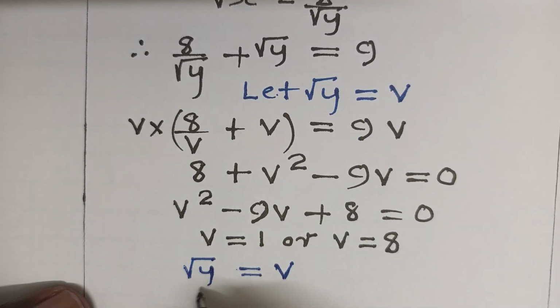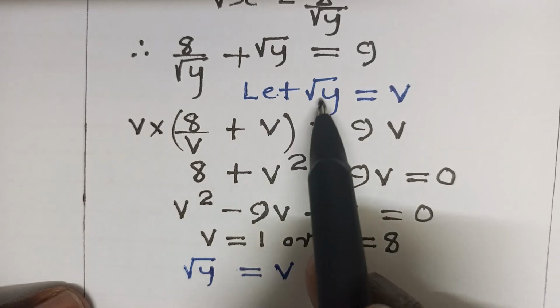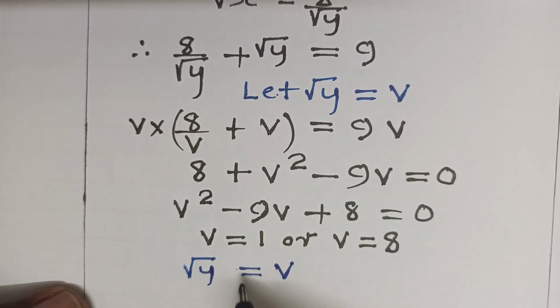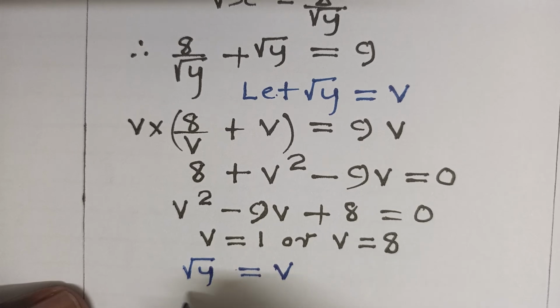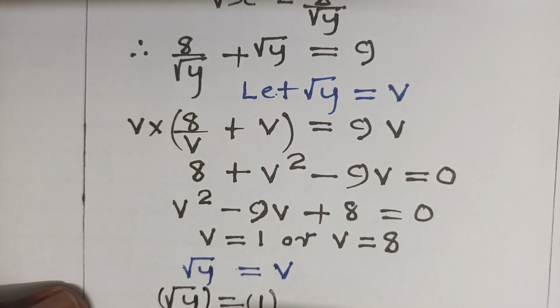Remembering that square root of y is equal to v, as we had said before, let square root of y be equal to v. Guys, we can put v as 1, and so we have square root of y equals 1, and therefore, squaring both sides, y is equal to 1.